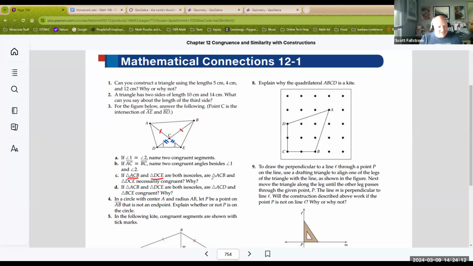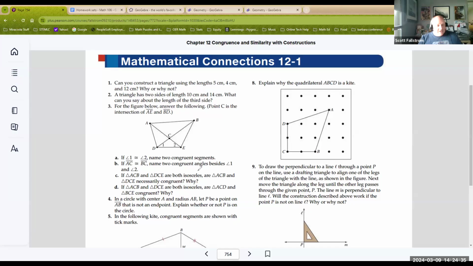If those are isosceles, does that mean the triangles are congruent? And yes, we do get an angle here in the middle, which we know has to be the same because of something from chapter 11. So again, that's what it's asking you to do. Take the if statement, mark it on there if you need to, and then answer the question.